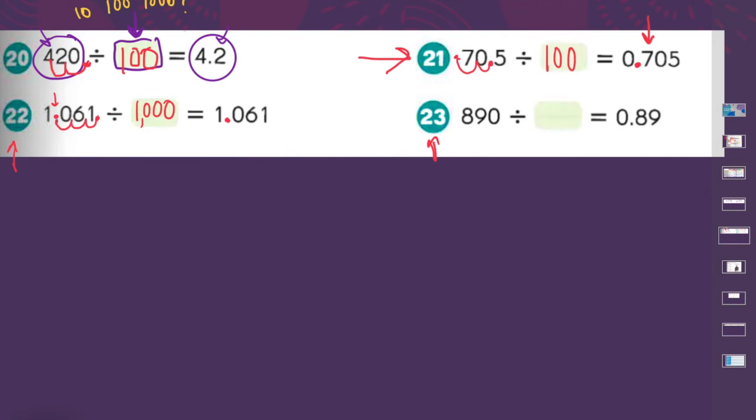And if we look at number 23, the decimal point is after the 0 in 890. And in our quotient, it is now before the 8. So the movement of that decimal point would be 3 place values to the left, so we're dividing by 1,000.